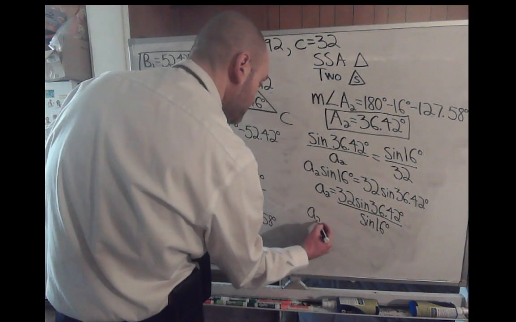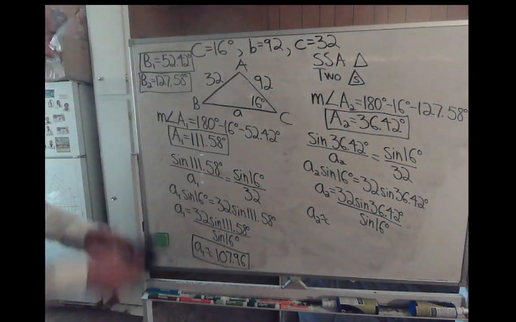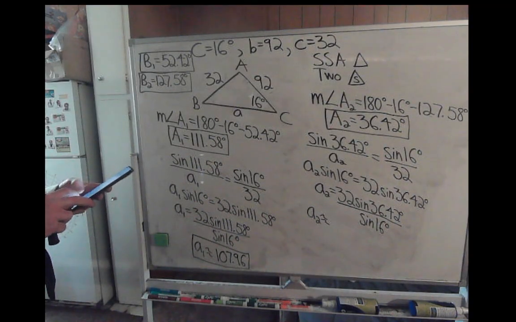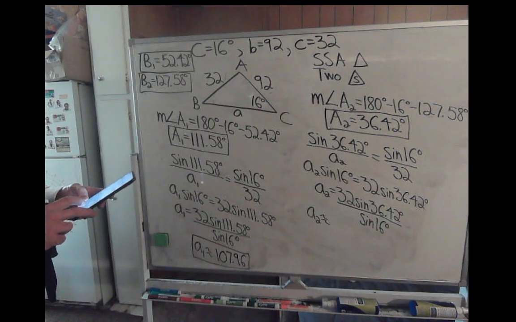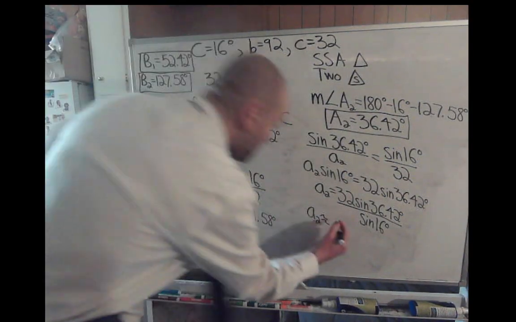So finally we can get a 2 decimal place approximation for side A sub 2. You get about 68.93.